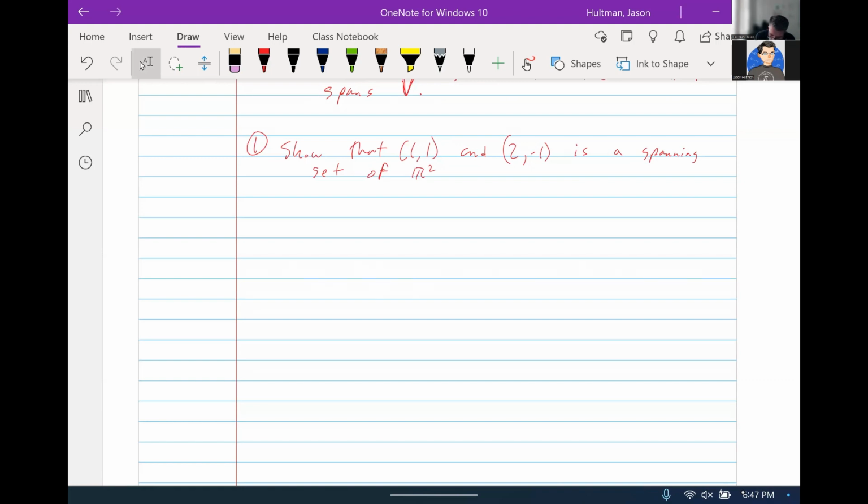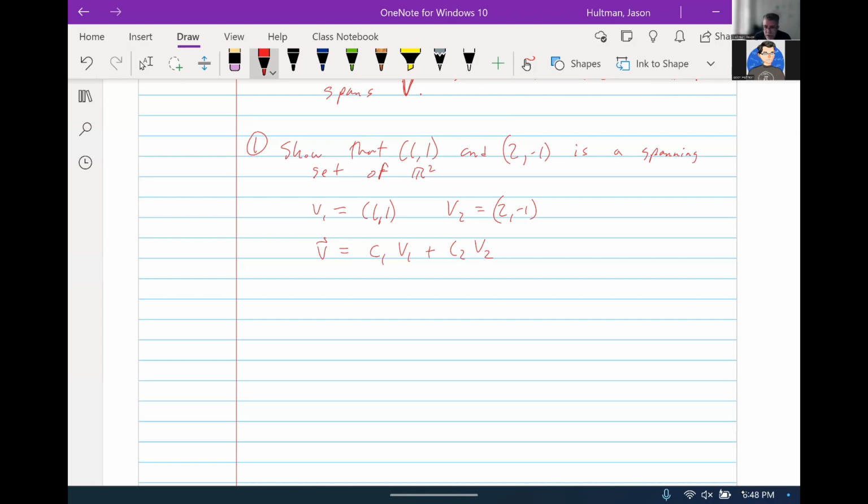So let's just see if we can get a vector v and come up with some constants here that will work. So if we let v1 equal (1, 1), my first vector, and v2 be (2, -1), is there a vector v such that c1 times v1 plus c2 times v2 would span the entire vector space of R2?